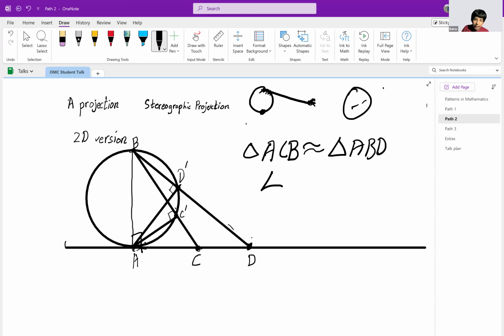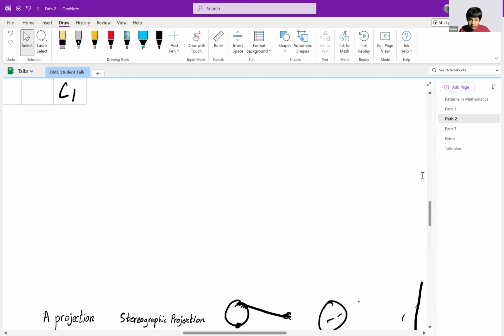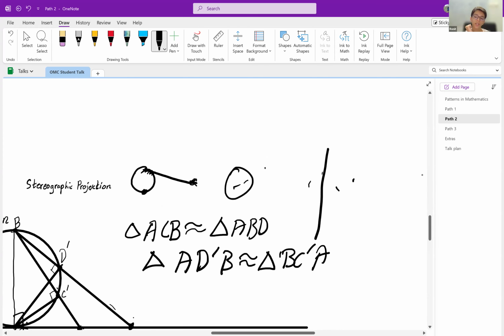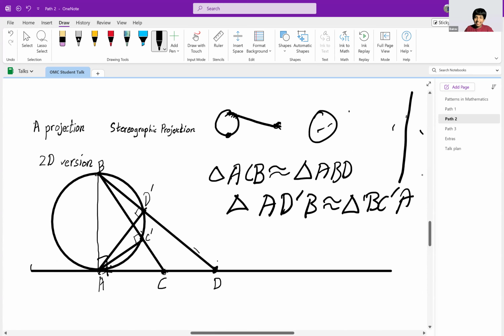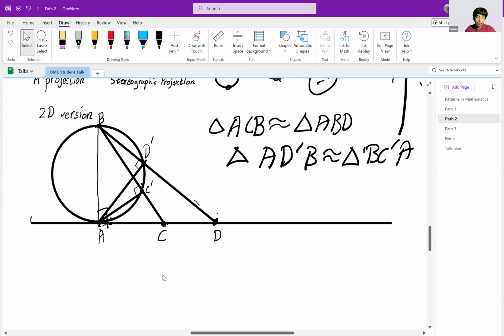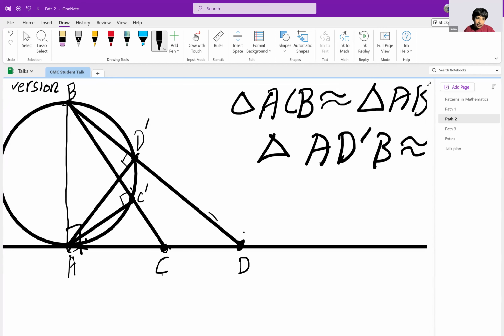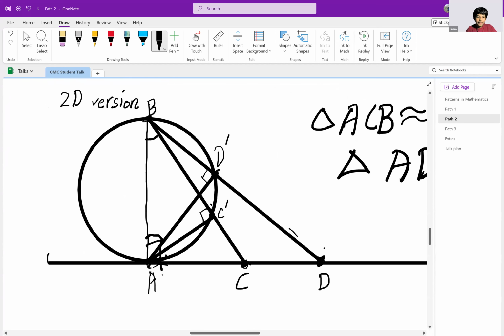So this in fact means that triangle AD'B is similar to BC'A. So all four of these triangles are similar, just in different ways. And that gives an interesting thing because that means that this angle is the same as this angle, and we take the perpendicular bisector which goes through the sphere.